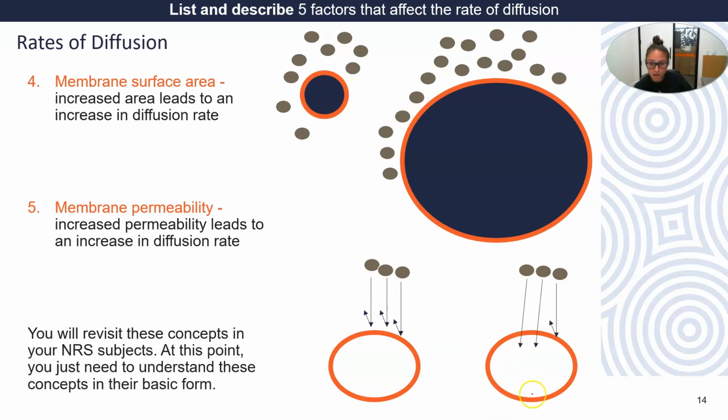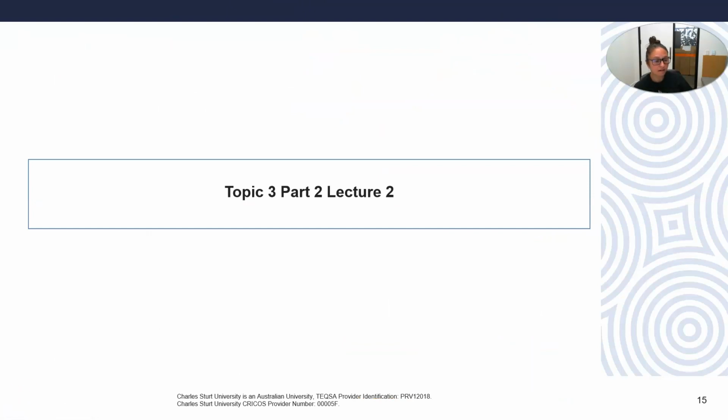This cell is more permeable to my molecules, isn't it? Because this guy can go through, this guy can go through, and this one can't. So the more permeable the plasma membrane is, the easier molecules are going to be able to move from one location to the other location. Okay, I'll stop it there.